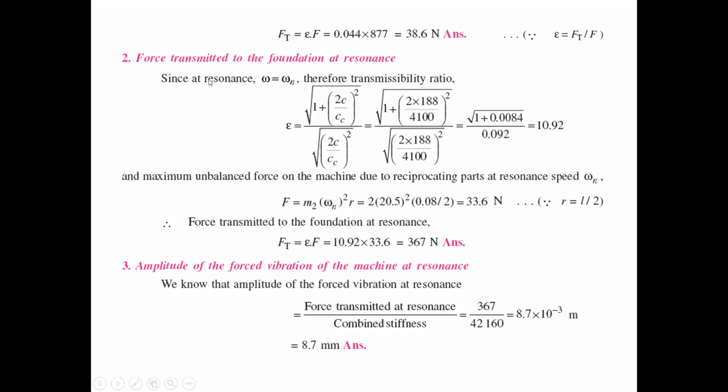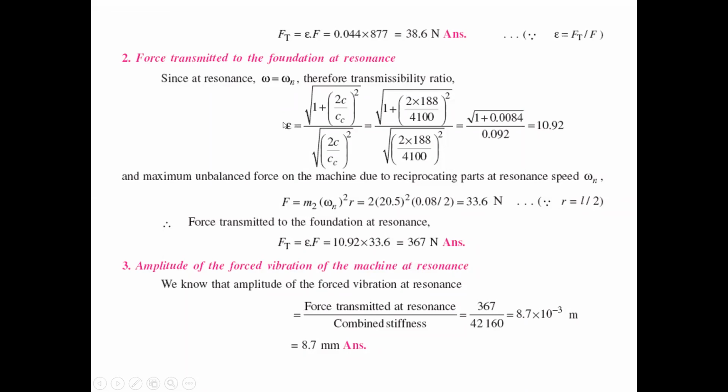Now going to find the second determining value, that is the force transmitted to the foundation at resonance. When resonance arises, there are more vibrations. When resonance occurs, ω equals ωn. So therefore the transmissibility ratio again we have to calculate.